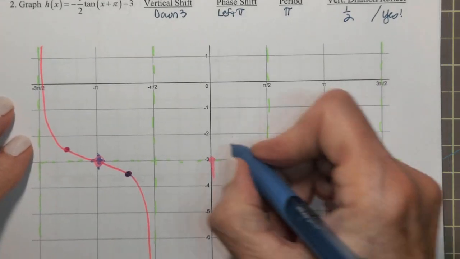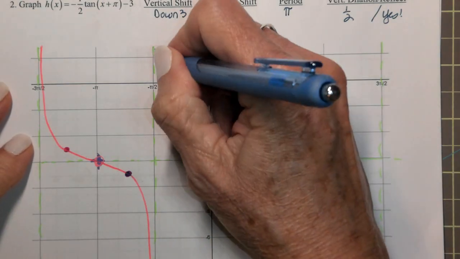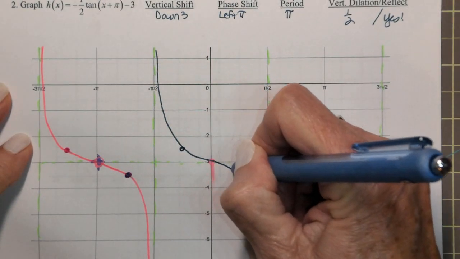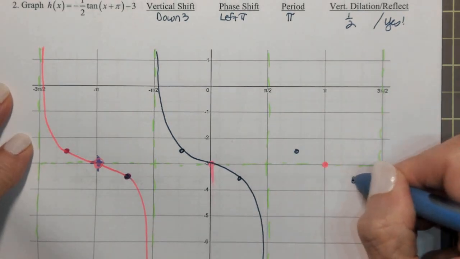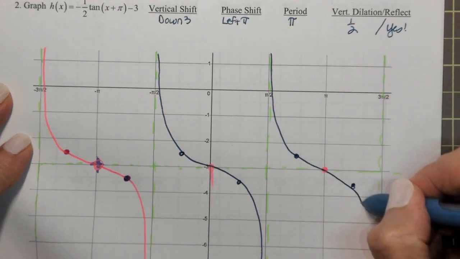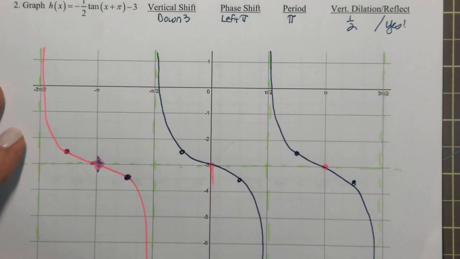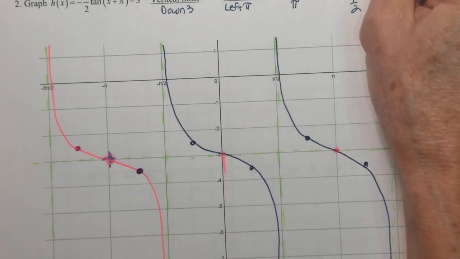And then we can repeat it. Alrighty. So there's the complete graph for that curve.